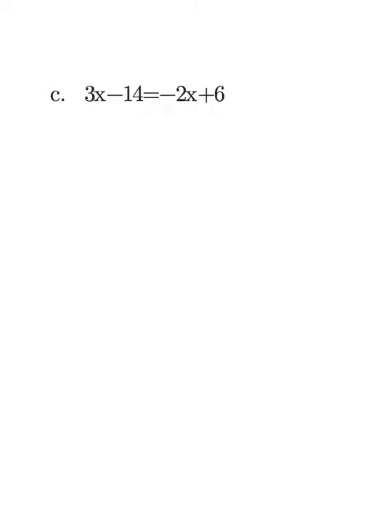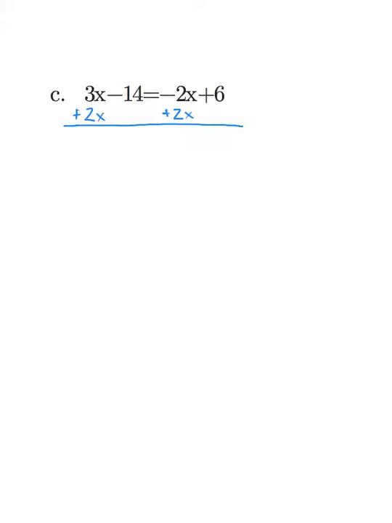So to get rid of minus 2x, I want to add 2x. Now, me personally, I always like to move my variables first because I like to have control over that.